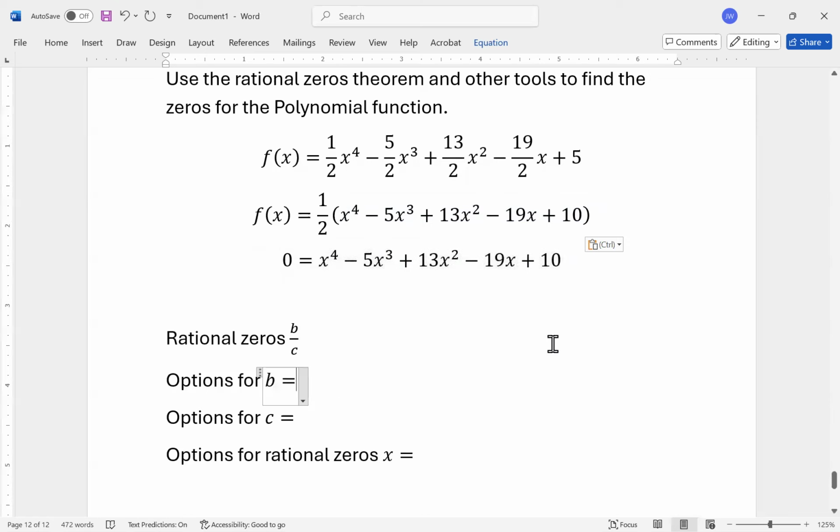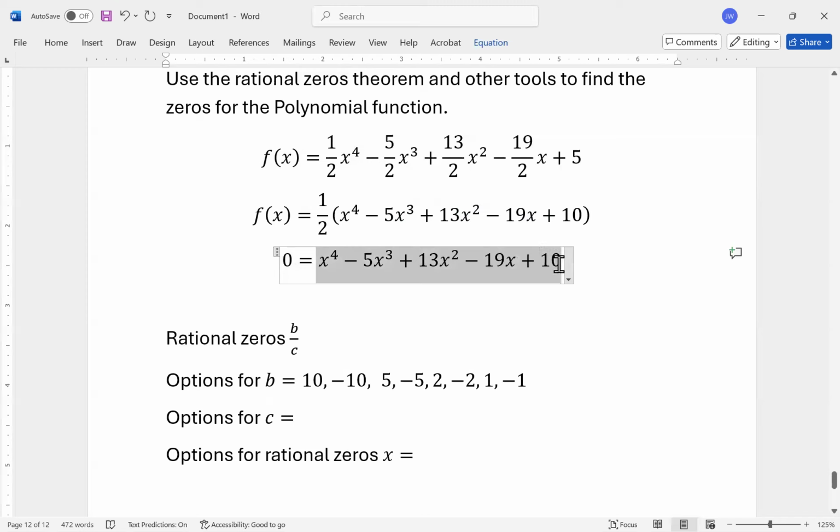I'm going to be looking at factors of 10. So 10 and -10, 5 and -5, 2 and -2, 1 and -1. And my options for the C, well, again, I'm looking at this polynomial with integer coefficients, so the C there has to be some factor of 1.